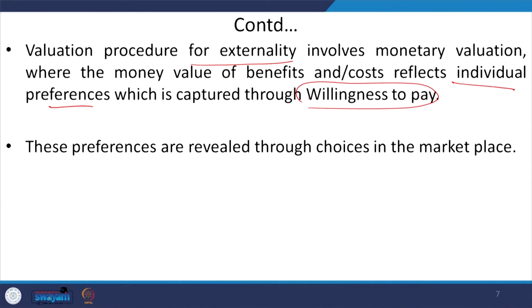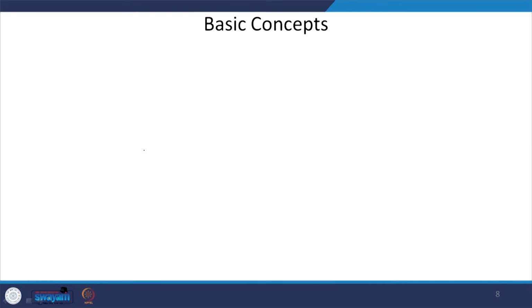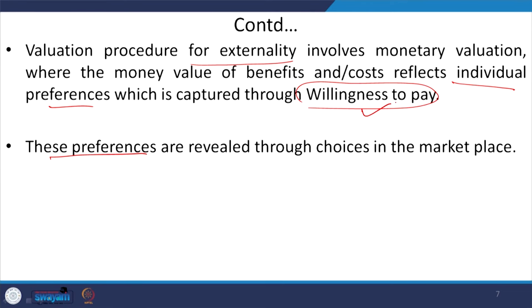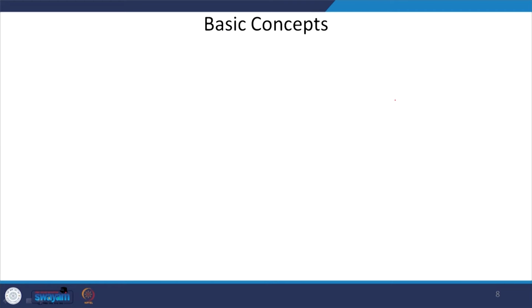These preferences are revealed through different choices in the market price, because we are comparing the market price, which is revealed preference, and willingness to pay, and there would be some difference between willingness to pay and the market price itself, which is leading to the concept of a surplus.